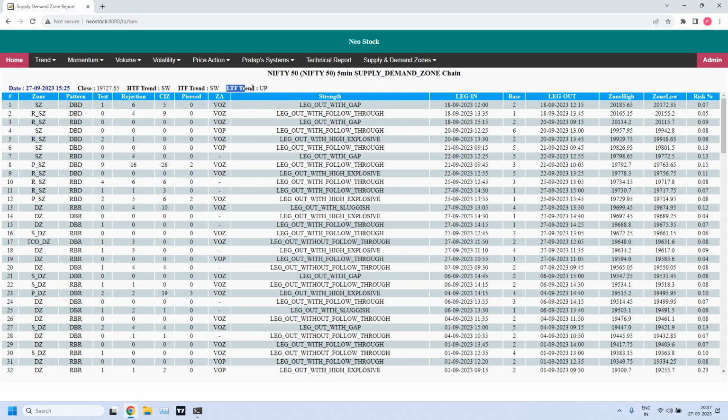See here, 5 minutes already trend is changed to up. And this is 15 minutes. For 5 minutes, intermediate time frame is 15 minutes. And higher time frame is 75 minutes. 75 minutes time frame is sideways. 15 minutes is also sideways, but 5 minutes trend is changed to up.